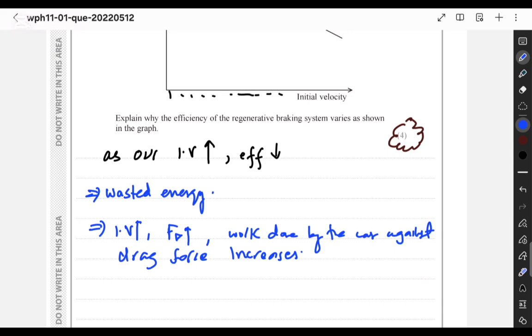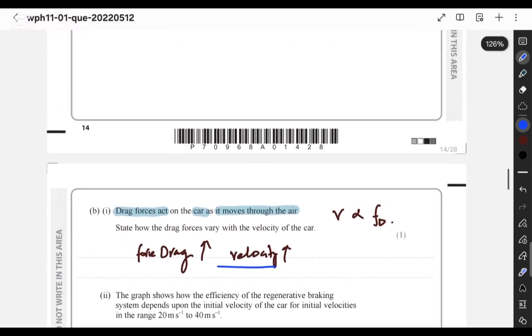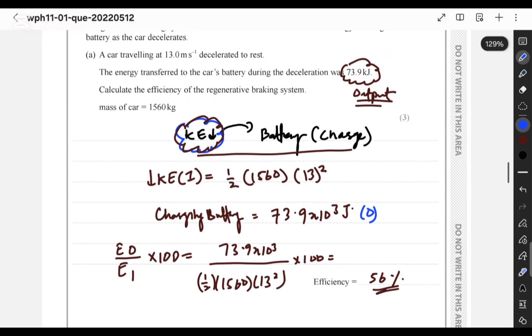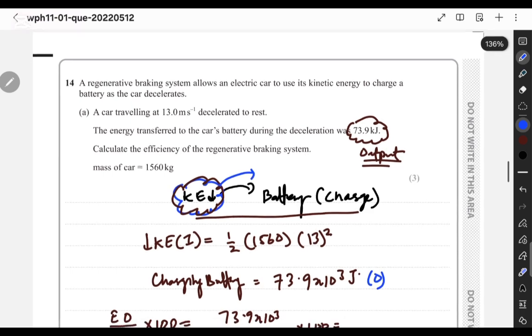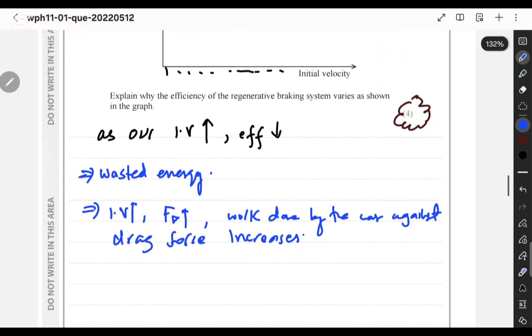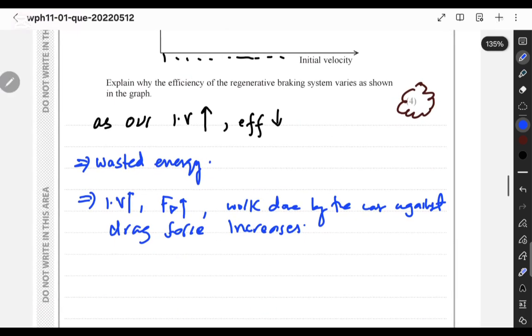And 56% of the kinetic energy went into charging the battery. But now this kinetic energy is not only going into charging the battery, but it's also being lost because the car has to do work against the resistive forces, which here would be the drag force.